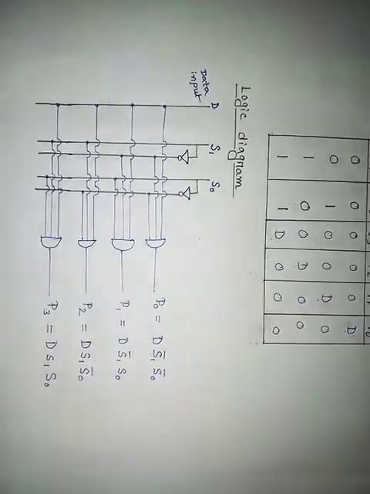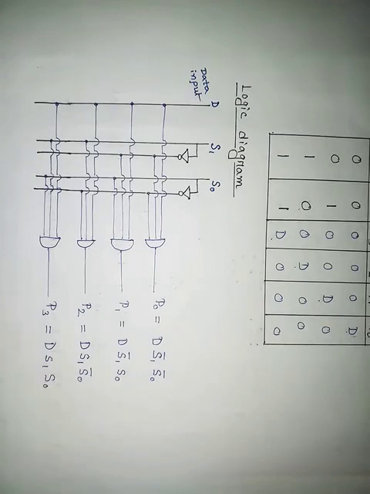Coming to the last part, p3, the answer is 1 1, so s1 and s0 are both in real form, there is no inverted combination. This is the total one line to four line demultiplexer.